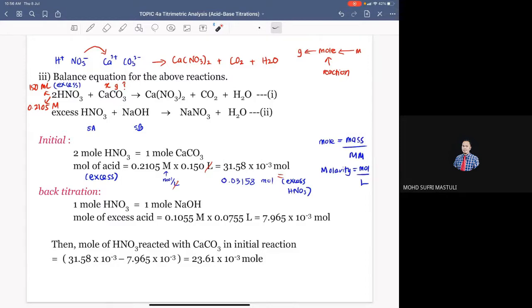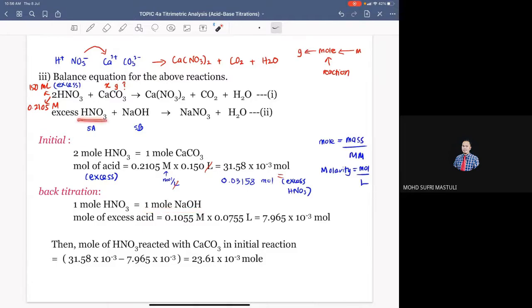All right. As I said, in order to find the limiting, we have to do the back titration. This is the chemical equation of the back titration. After we balance the chemical equation, we know 1 mole of nitric acid will react with 1 mole of sodium hydroxide.